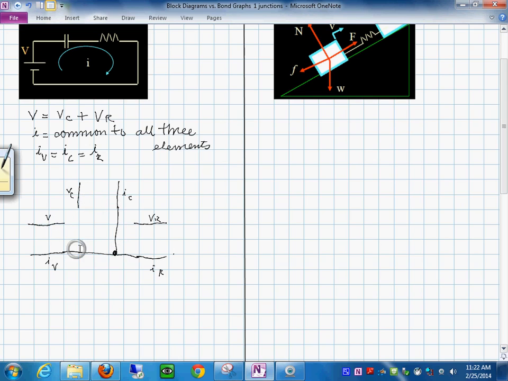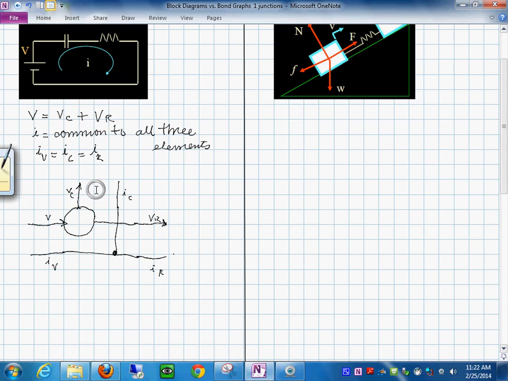But the voltages are different. So it means that we are going to connect it like this, see? That means that you have a voltage that came in here equals to the two voltages that got out here.